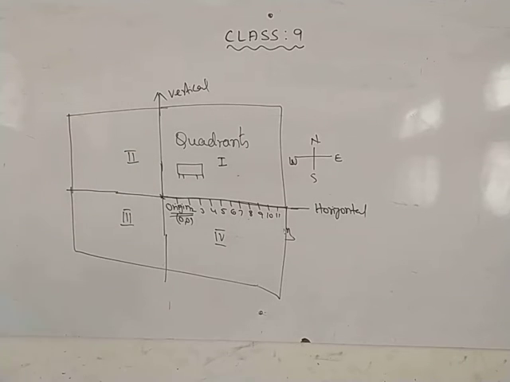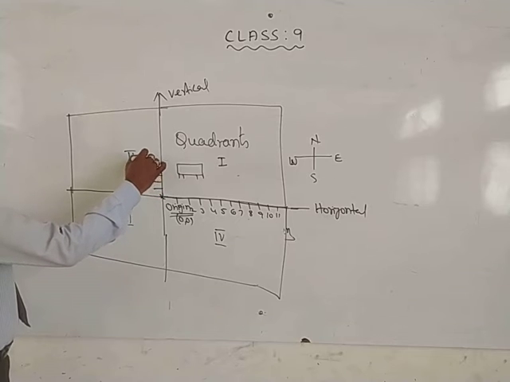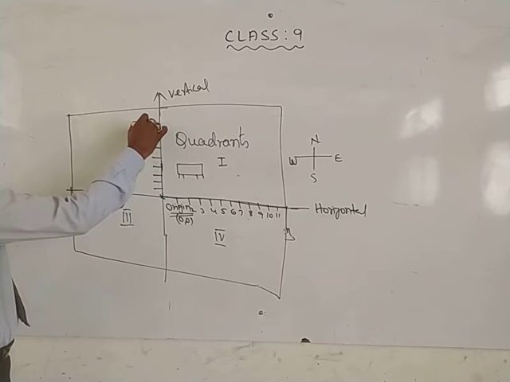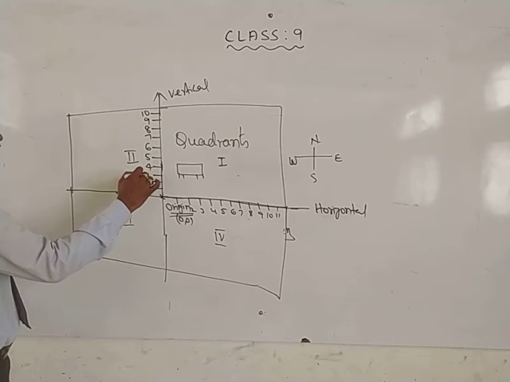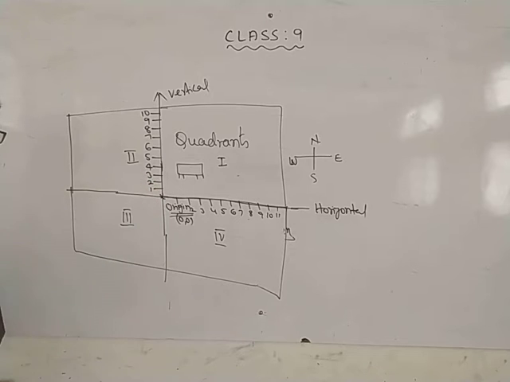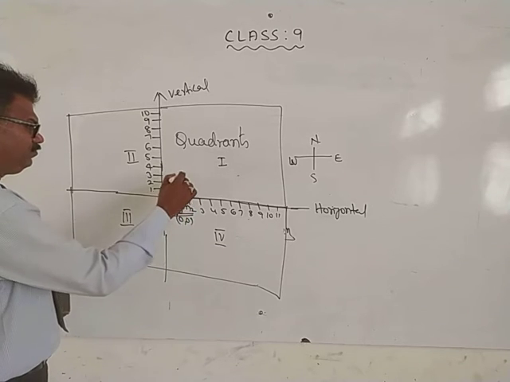Vertical also the same: 1, 2, 3, 4, 5, 6, 7, 8, 9, 10, and downward 7, 6, 5, 4, 3, 2, 1. Now we will take any one point like this.